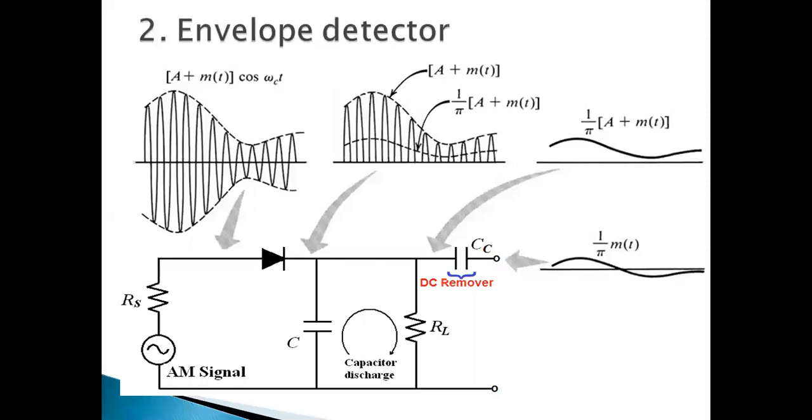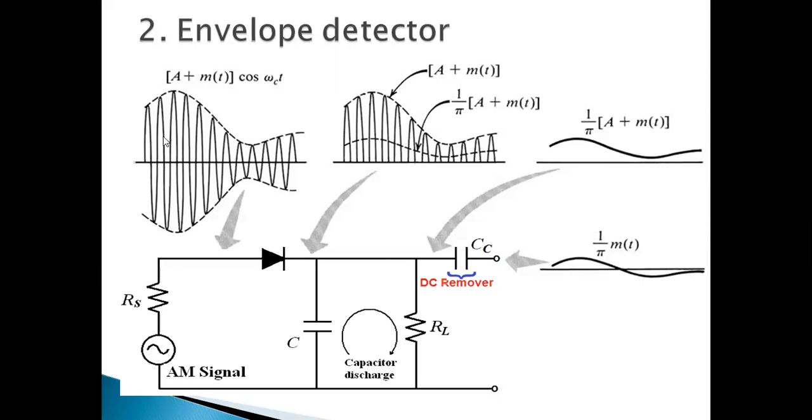Then, in the analog detector, the output follows the envelope of the modulated signal. Now this is the AM wave, and this wave is given as input here.